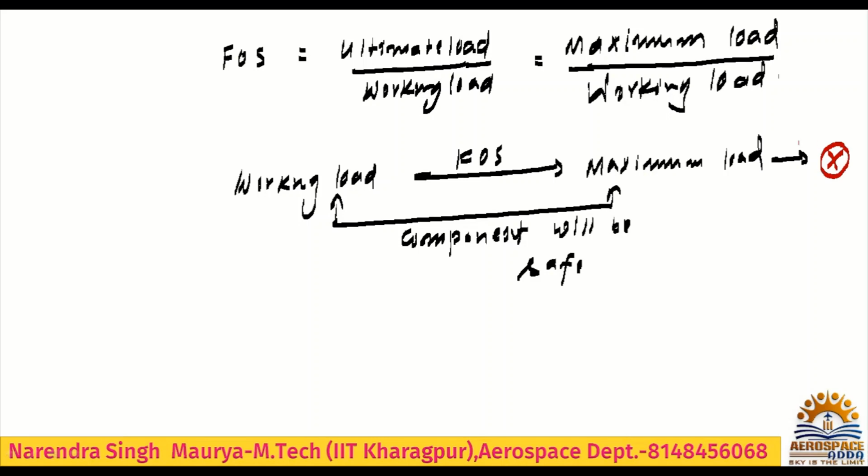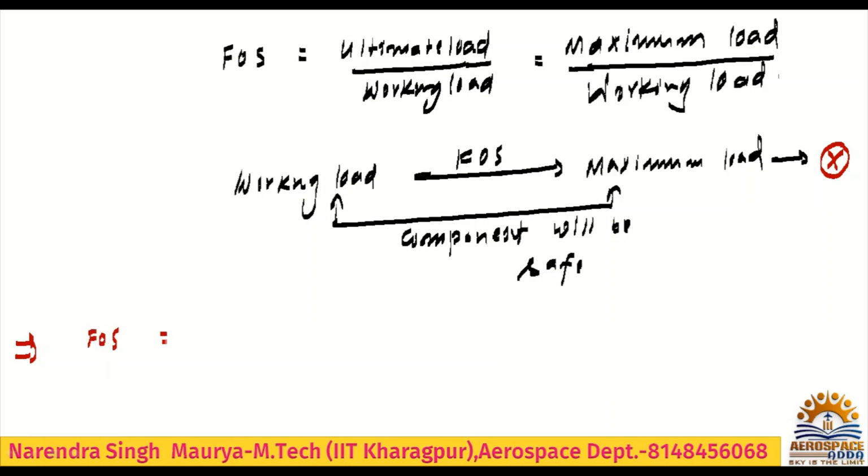So that's the reason factor of safety is nothing but maximum load divided by working load. Similarly, in our case we don't have load, but we have load factor, and that is also one kind of load. So we have to write this factor of safety in terms of load factor.